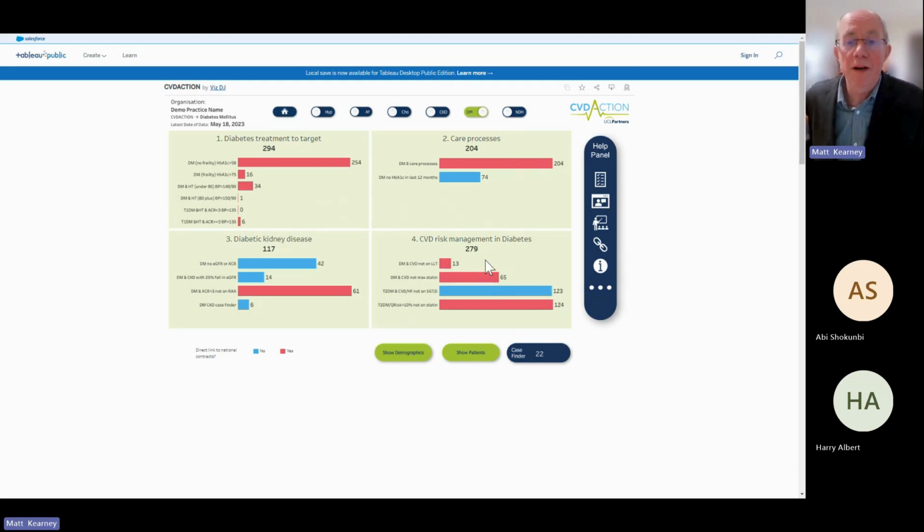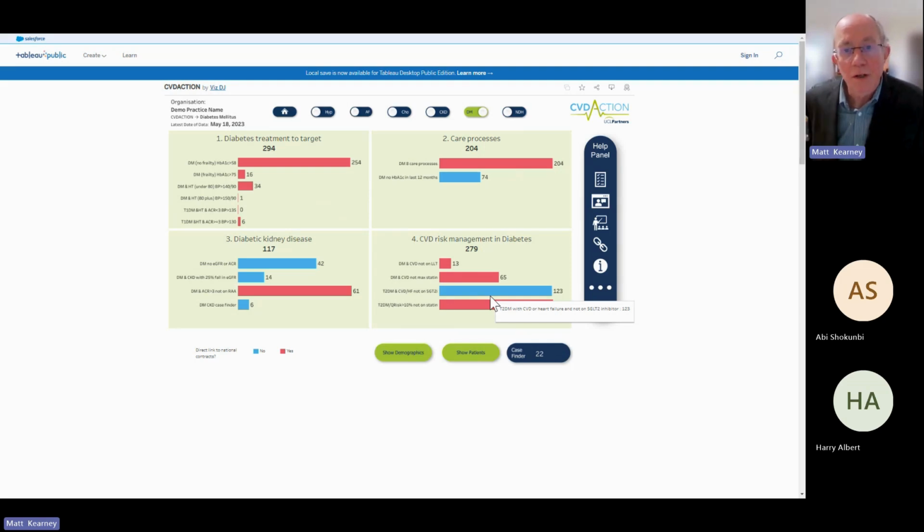Small number, but very high risk and high impact for that intervention. There's 123 patients with type 2 diabetes and CVD or heart failure, and they're not on SGLT2 inhibitors, for example.